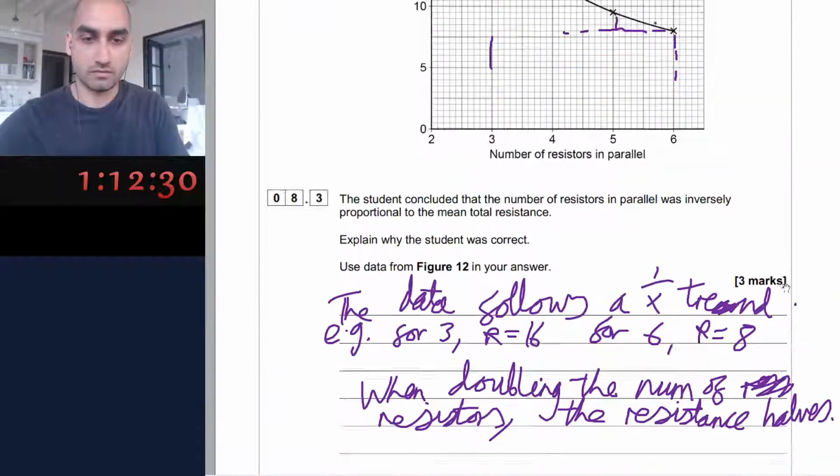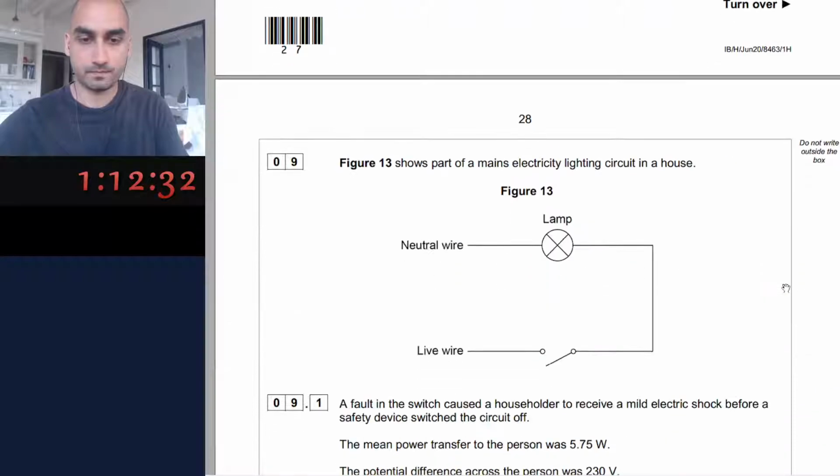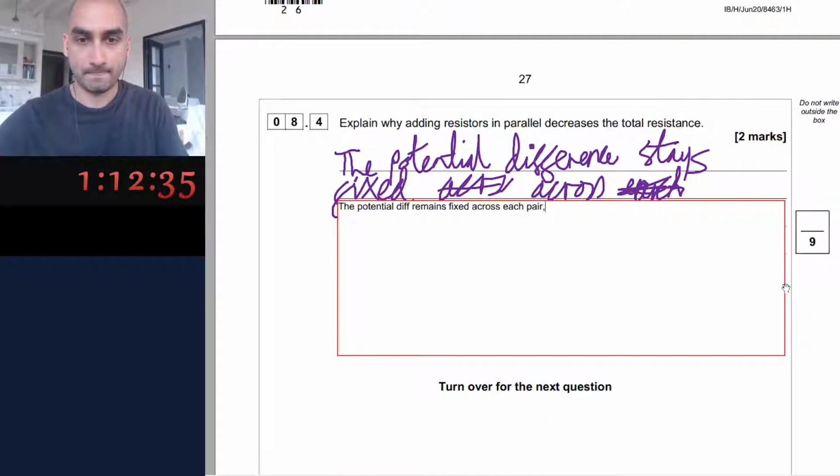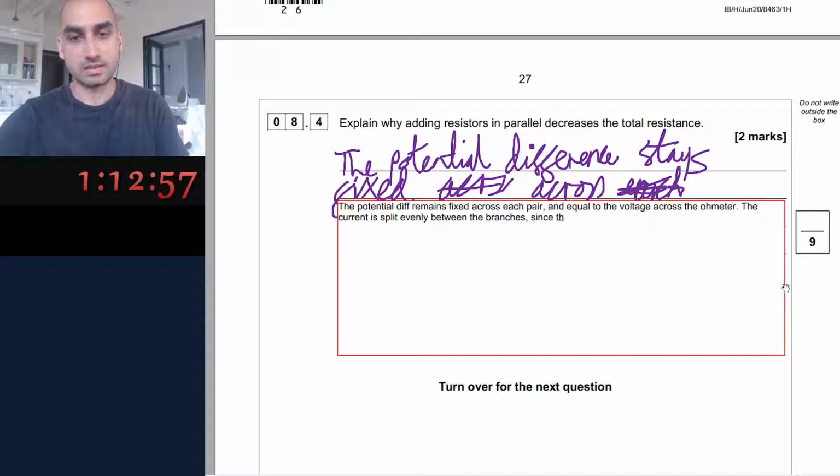And equal to the voltage across the ohmmeter. The current is split evenly between the branches since the resistance of each branch is equal.